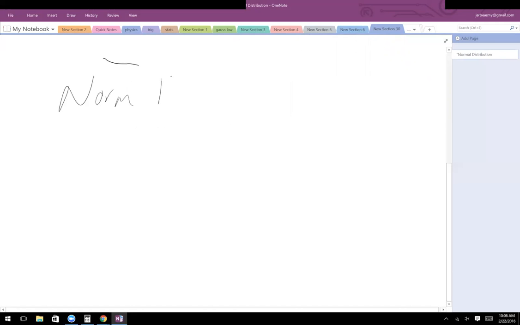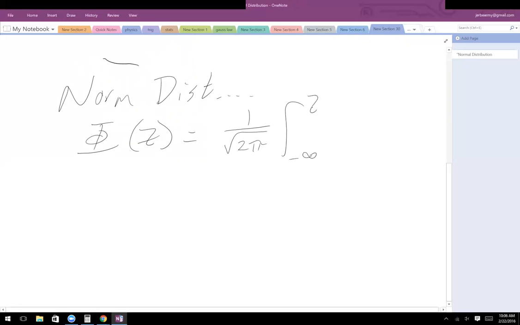Just to prove a point, don't worry about this. The actual formula for the normal distribution is 1 over the square root of 2 pi, times the integral from minus infinity to z of e to the minus t squared over 2 dt.